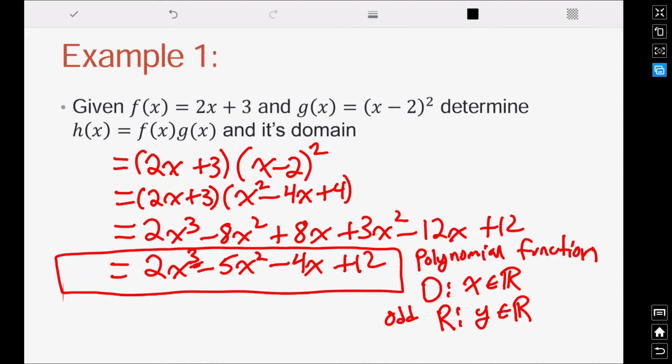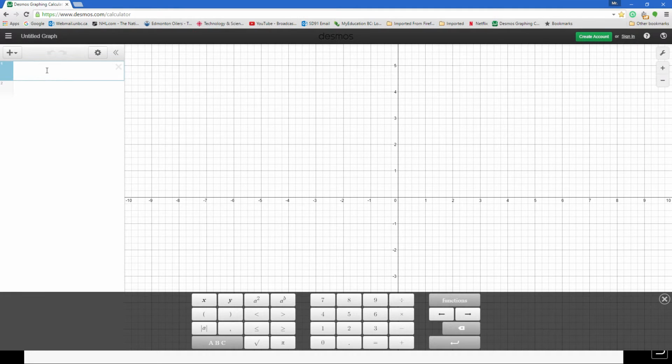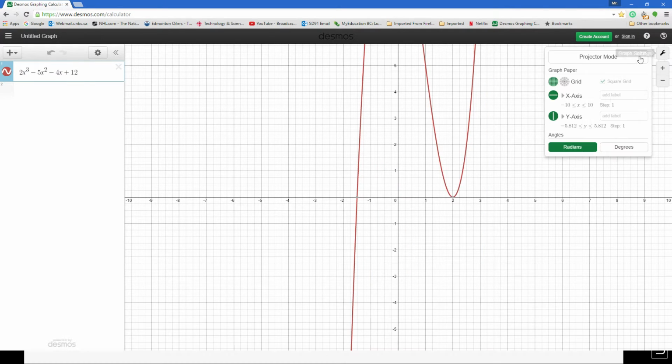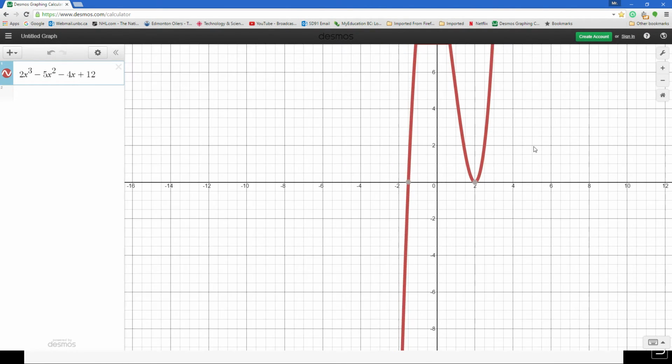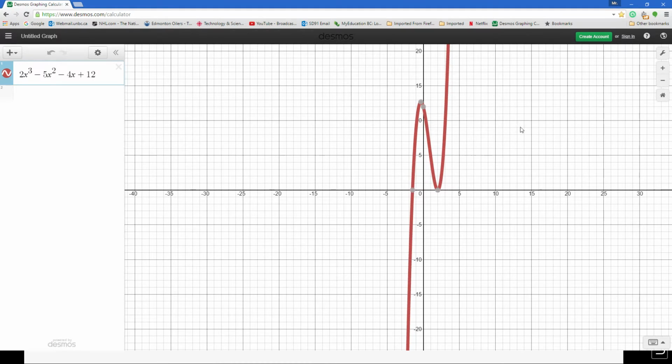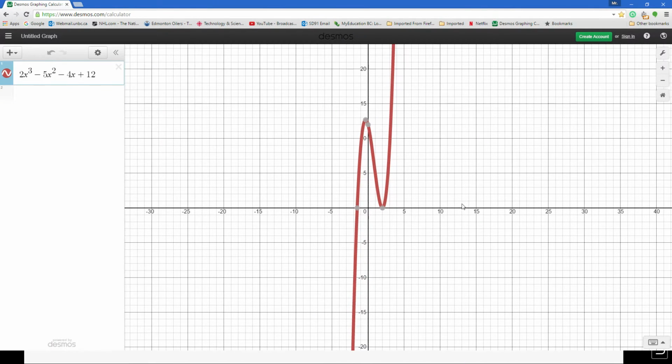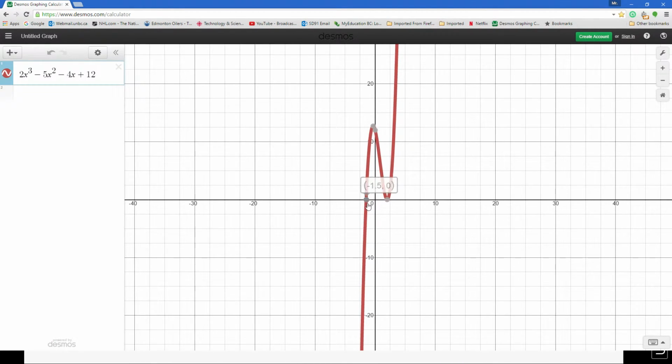Now, if you want to check, we can always graph it. So let's graph it. It is 2x cubed minus 5x squared minus 4x plus 12. Let's throw down the projector mode. As expected, the range of the function is all real numbers because it's going down to negative infinity and then going up to positive infinity.